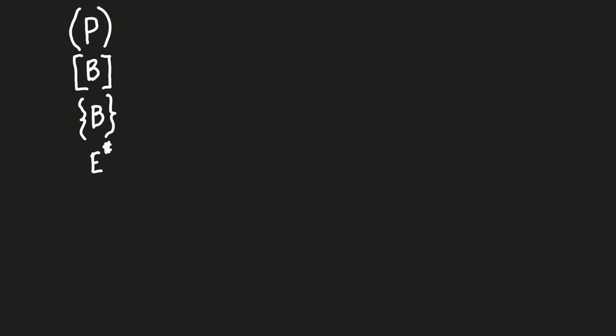Then we have either multiplication or division, whichever one. Don't think of that as a fraction, but it's just multiplication or division, whichever comes first from left to right. And then we have addition or subtraction, whichever comes first from left to right.